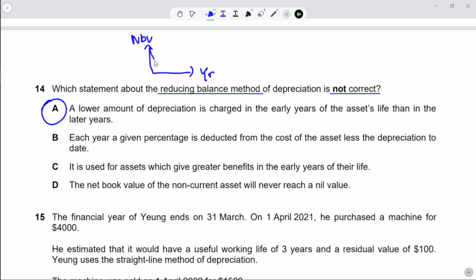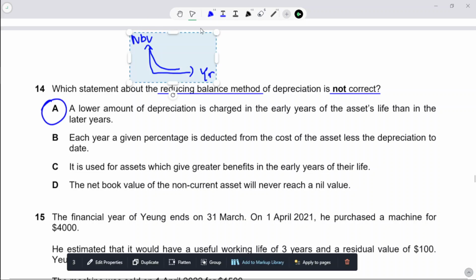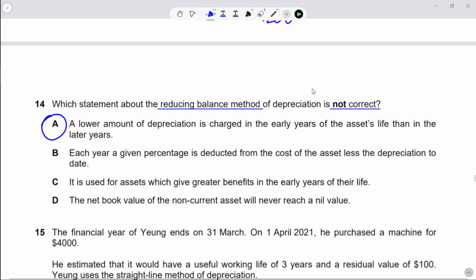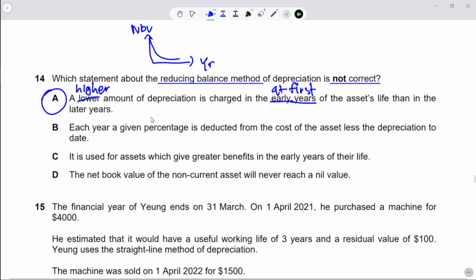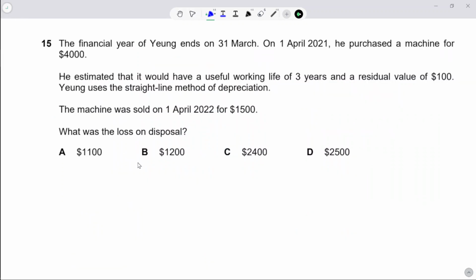First it drops a lot, then drops lesser. So at first it drops a lot, so it's higher at early years. So it's higher depreciation. Yeah, so question number 15, homework.